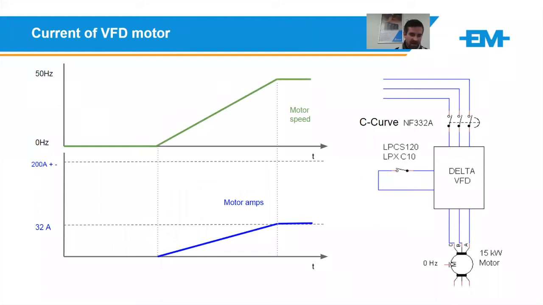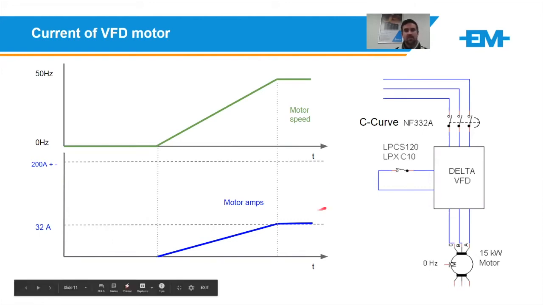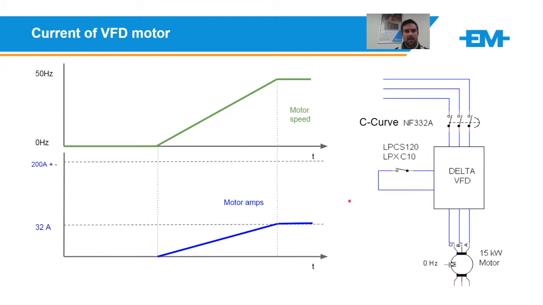And by not having an instant change from 0 to 50 hertz, but having a gradual change that the user can set, by doing that, you can control the amps as well that are drawn by that motor. So the drive controls the slope of the frequency change, therefore it can control the amps drawn by that motor.